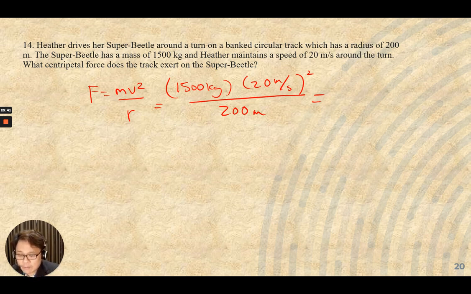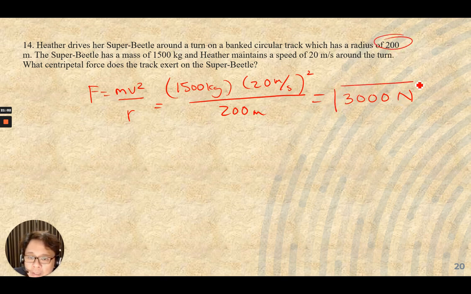So 1,500 times 20 squared, the speed, divided by 200. You get 3,000 newtons. Okay, so we get 3,000 newtons here. So the answer is in 1 SF. Okay, this is 1 SF.